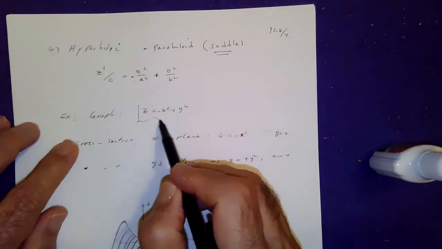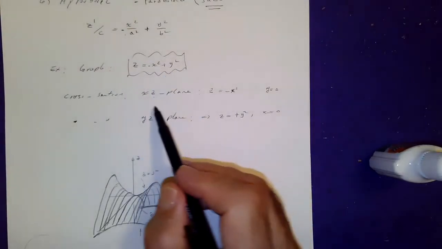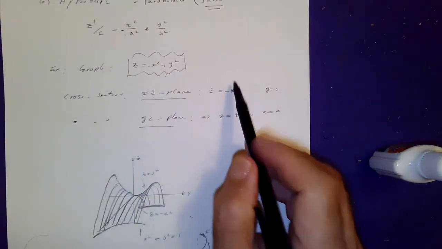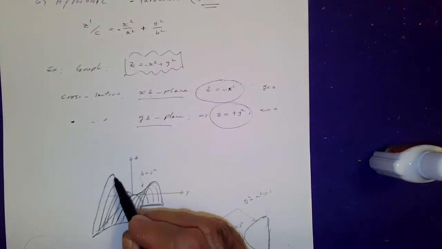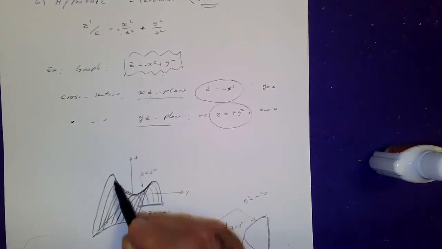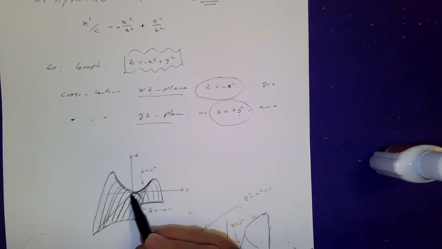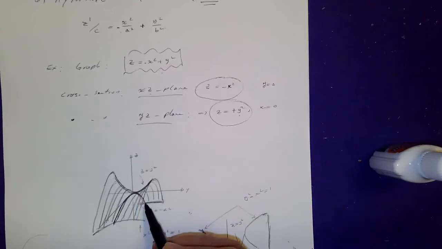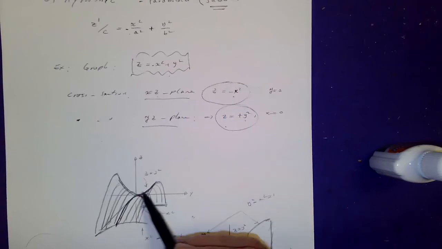Question: can you graph z equals negative x squared plus y squared? The cross sections of this surface with the xz plane and yz plane are two parabolas. This parabola right here is z equals y squared. This parabola right here is z equals negative x squared.